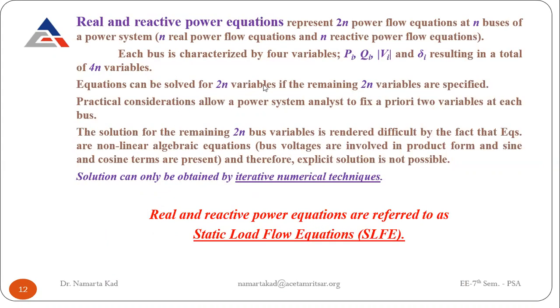That means 2n variables are known to us and 2n variables are unknown, which have to be found using the power flow equations. Practical considerations allow the power system analyst to fix a priori two variables at each bus. The solution for the remaining 2n bus variables is rendered difficult by the fact that the equations are non-linear algebraic equations.